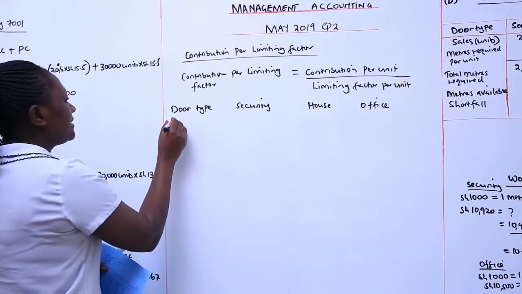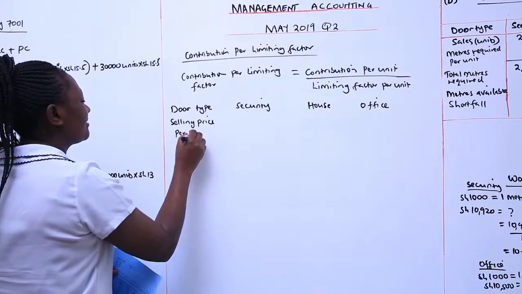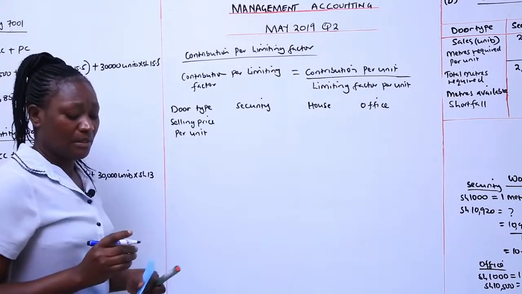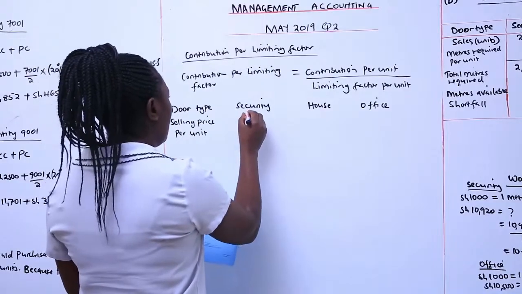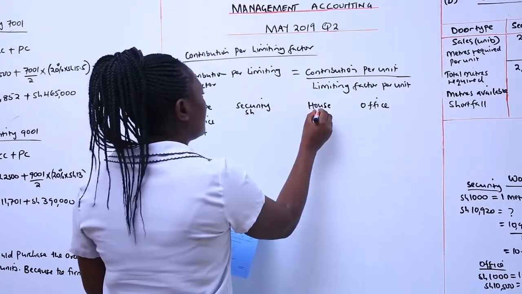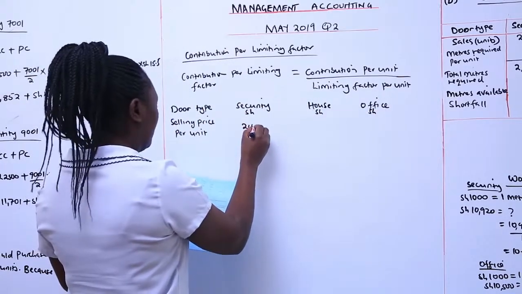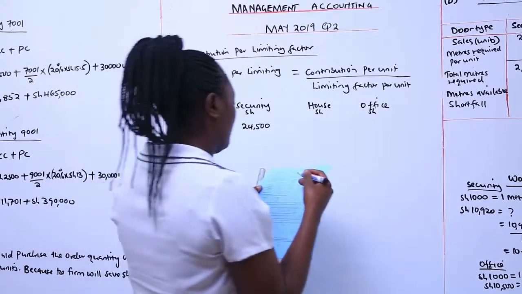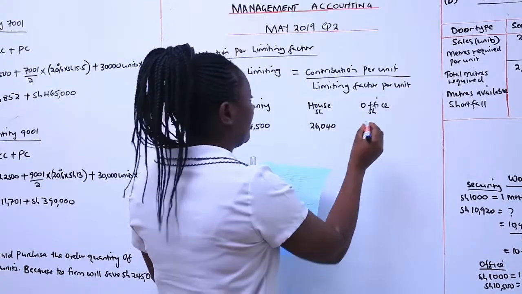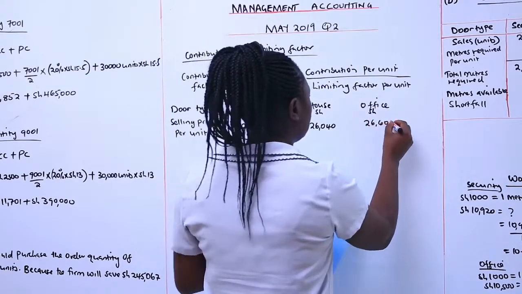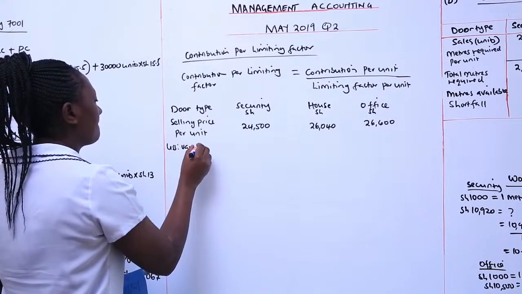So we begin with the selling price per unit. We were given the selling price per unit for security, which is 24,500. For house is 26,040, and then office is 26,600. We less variable costs.